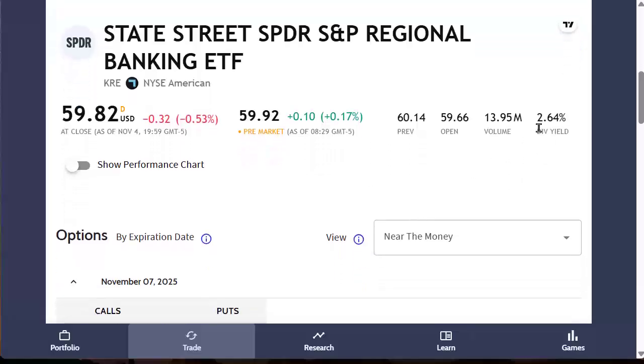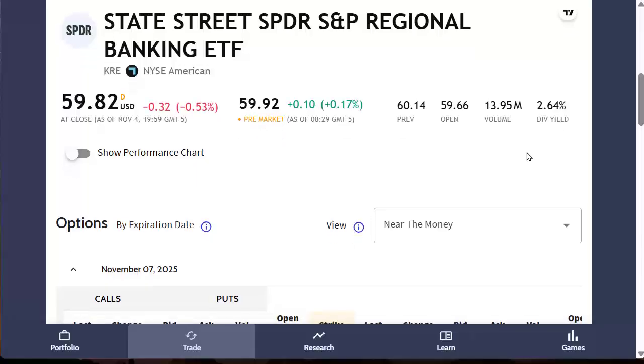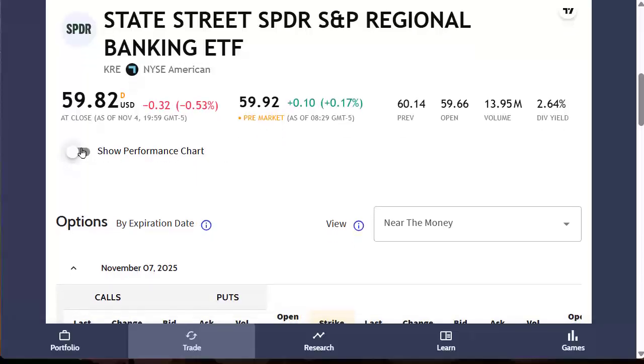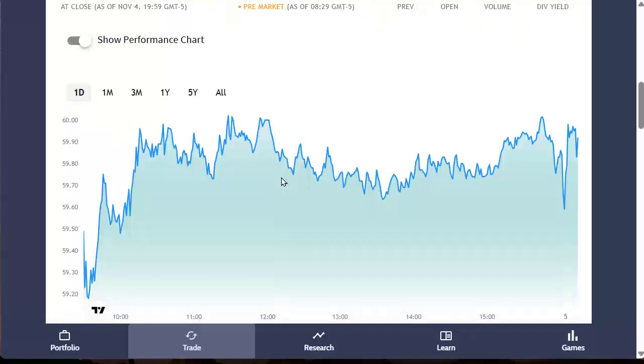We'll see that there's a dividend yield. It pays a dividend every 3 months of about 2.6%, so that's pretty nice. We could show a performance chart if we want to. We can see how it goes up and down.